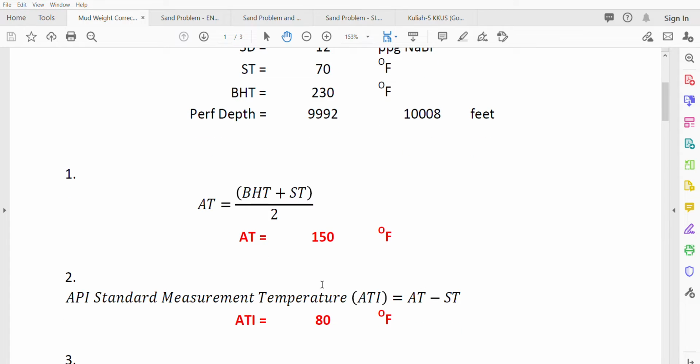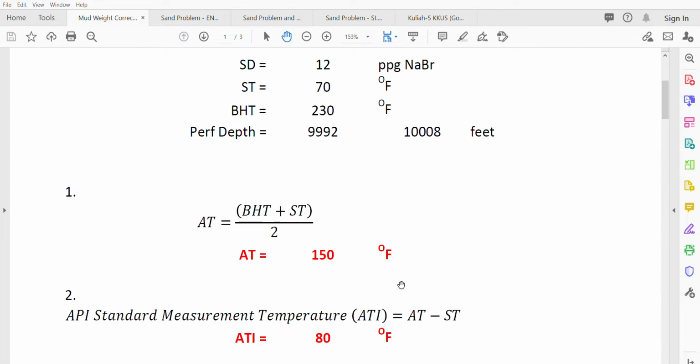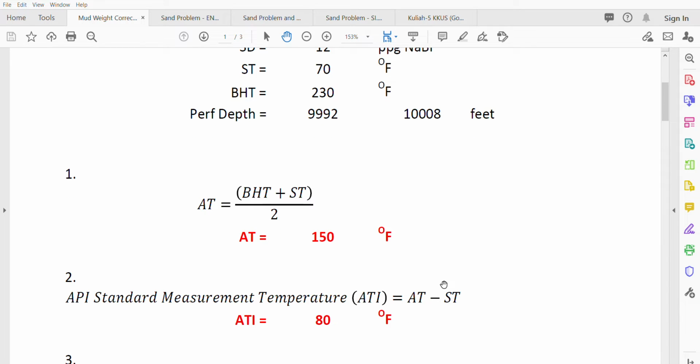And then we calculate the API standard measured temperature, ATI, which is AT minus ST. AT is 150, ST is the surface temperature, so it becomes 80.